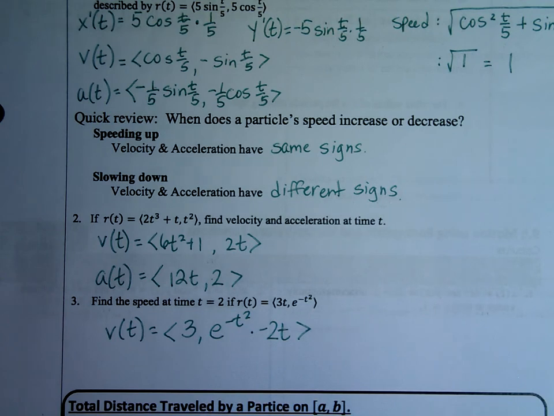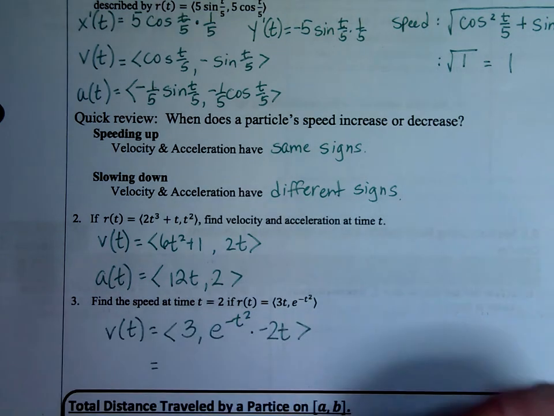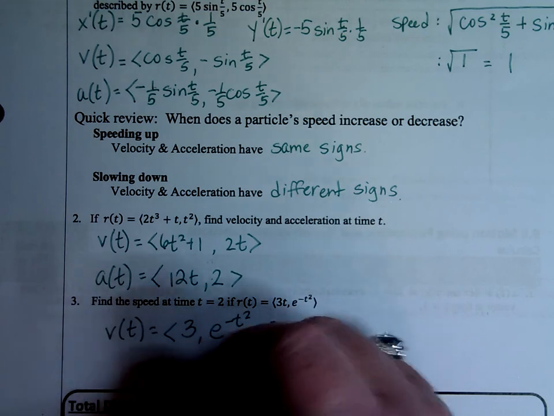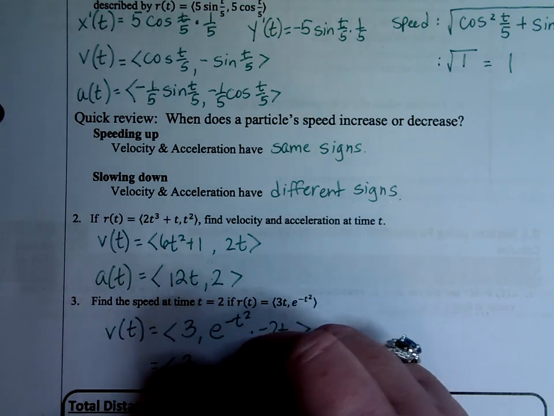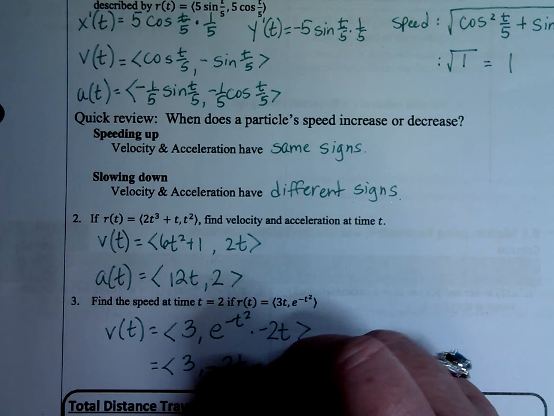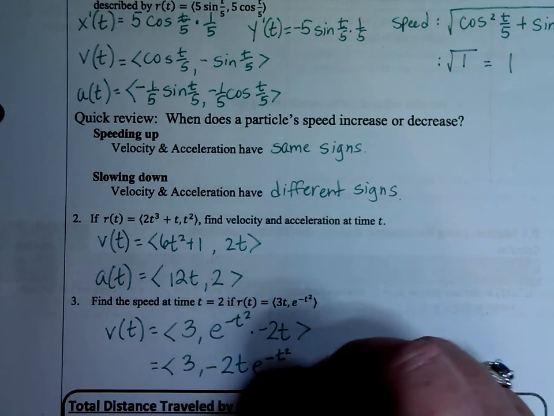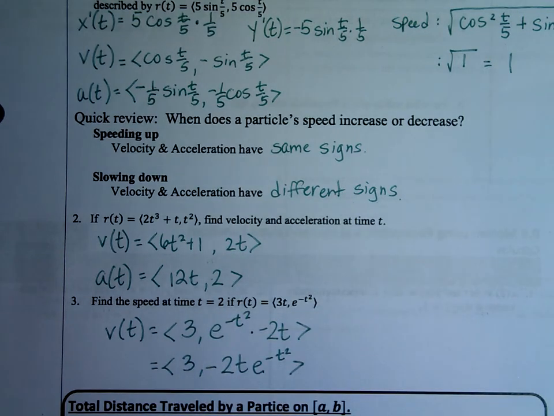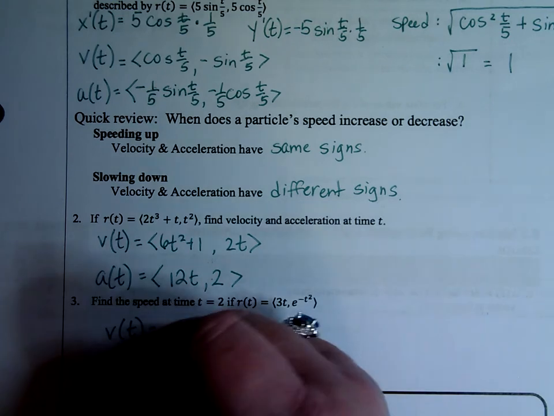Maybe I can clean that up and make it look a little bit better before we go speeding for this thing. 3, and then negative 2t e to the negative t squared. That would be my velocity vector for this.